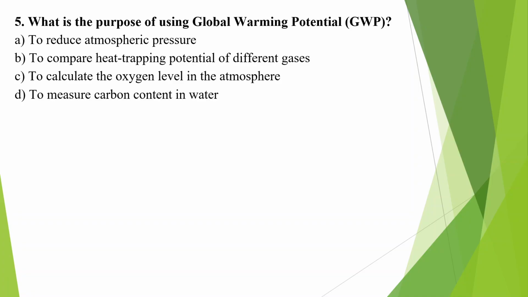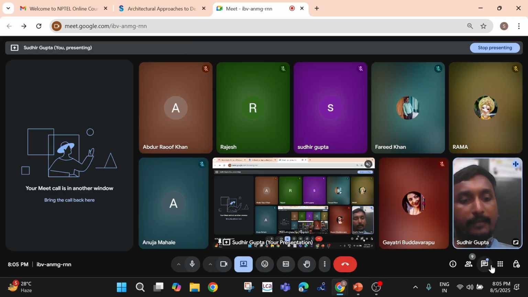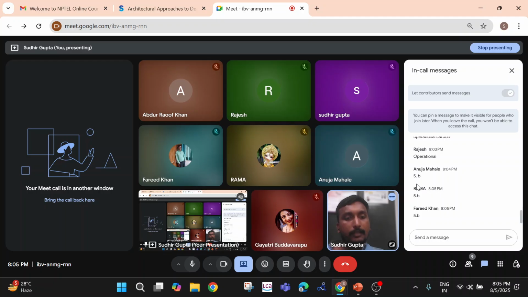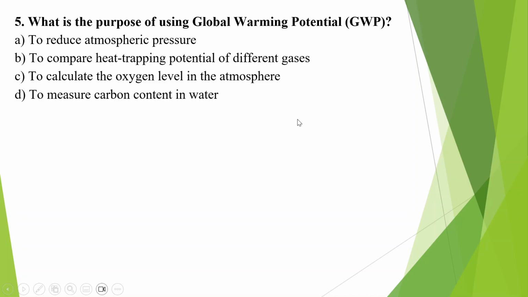Okay, I have received several answers for this question number 5. I received the first answer from Anuja. She was the first, and then Rama, then Farid. All of them are opting for option B, and all of them are correct for this question number 5.